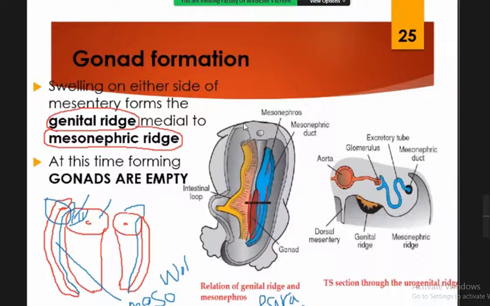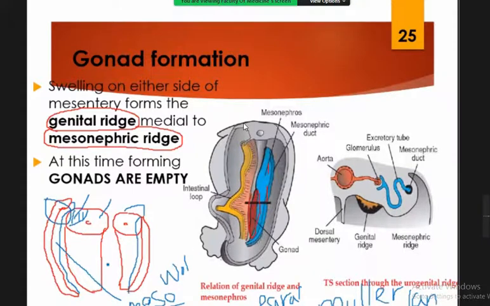Para to mean beside the mesonephric duct. So besides the mesonephric duct, there is another duct, the paramesonephric duct. And sometimes we are not going to call it the paramesonephric, but we are going to call it the Mullerian duct. So there is a Mullerian duct system and a Wolffian duct system.